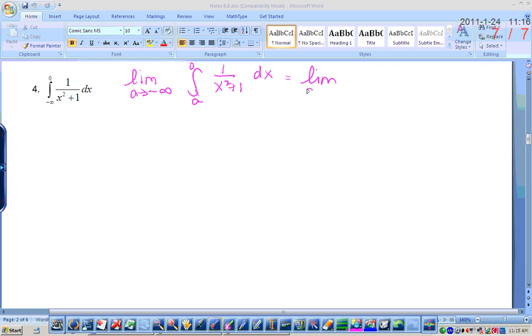Oh, y'all are so good. All right, so 1 over x squared plus 1, that integral is arctan x from a to 0. Notice that I am taking the time every single time to write the limit as a approaches negative infinity.